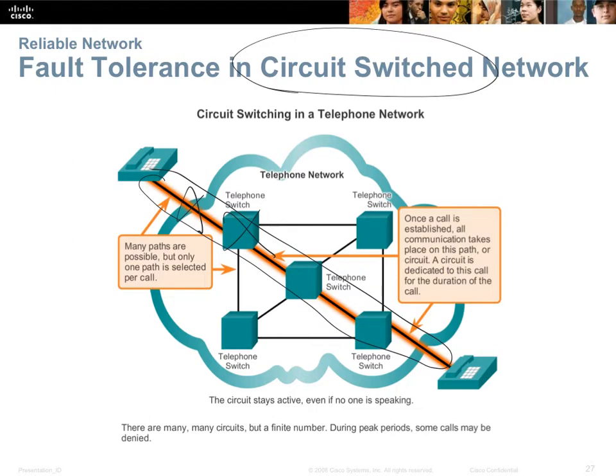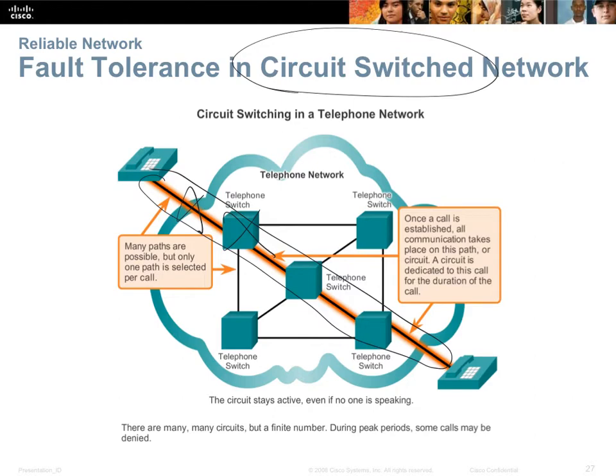What is the implication of this? Well, the network has to spend some time to establish this circuit for you. And the other thing is that this circuit is going to be dedicated for your call, even if you're not using it. So imagine if you are calling someone and you left the phone and went away, the circuit is there. It's consumed. You're consuming the network because it's dedicated for your call.